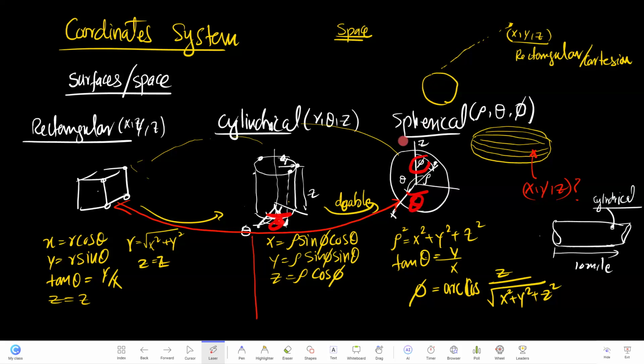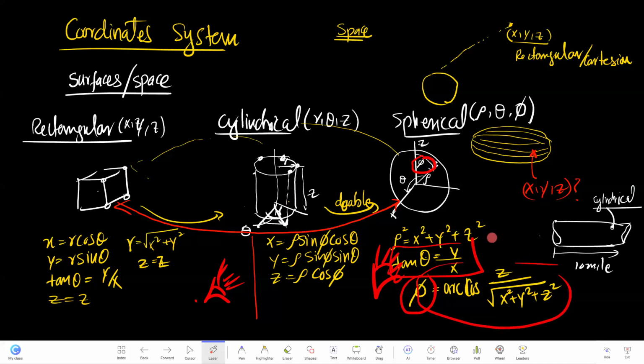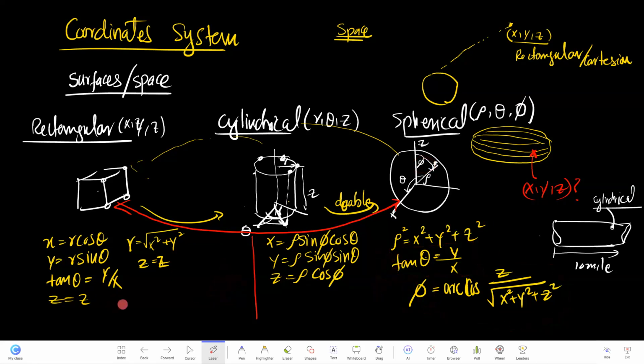So really, if you see from the top, cylindrical and spherical coordinates are the same. It's not making any difference. But when you see from this side, then this phi is going to play a role. So the theta formula is pretty much similar, only the phi is adding in spherical coordinates, which is a new addition.